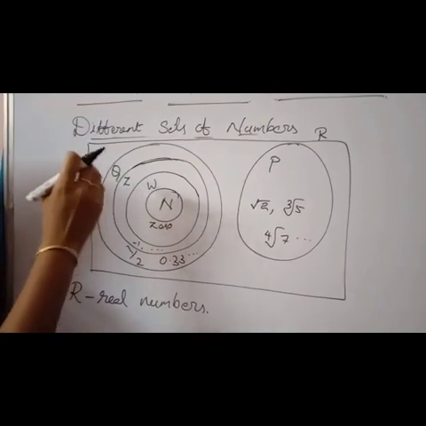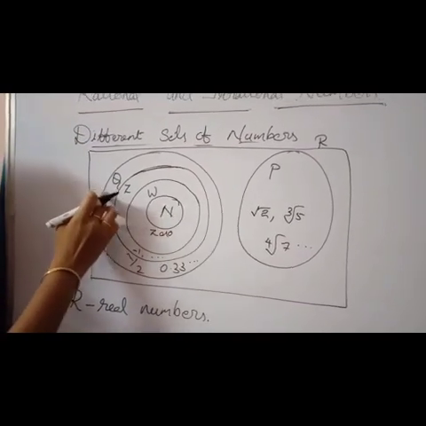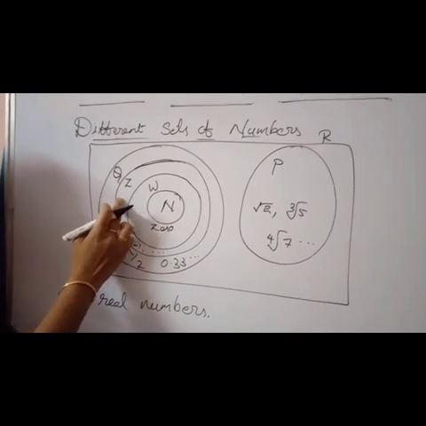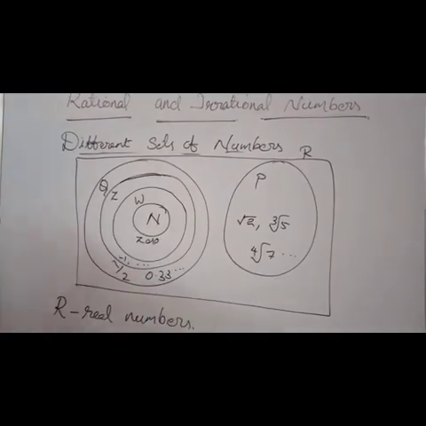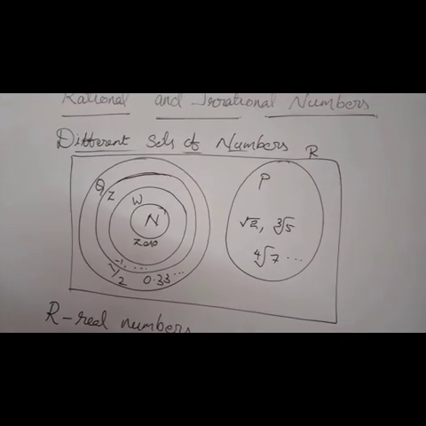And the sets of numbers which come under the set of rational numbers are integers, whole numbers, and natural numbers. I hope you have got a clear idea about the different sets of numbers.